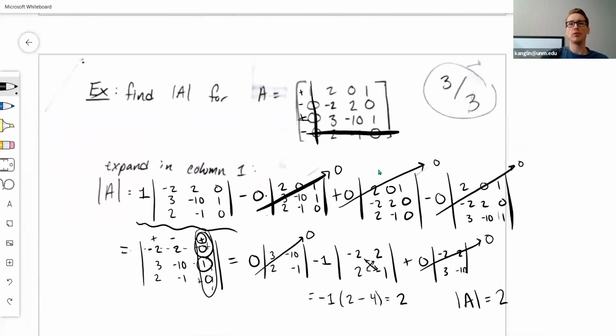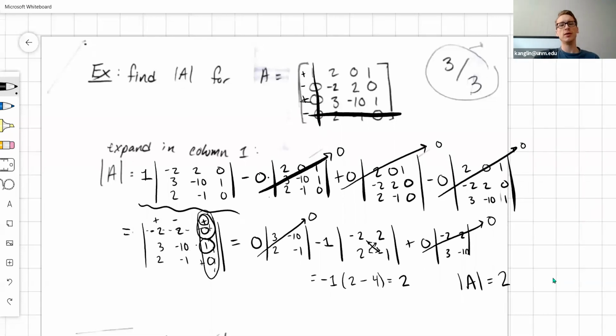Okay, kind of a complicated problem there, right? So one last little thing to end with in this video is maybe a shortcut or a trick for computing some of these determinants.